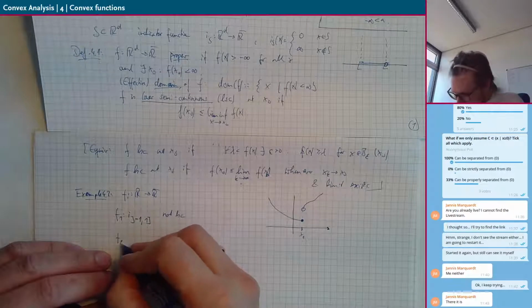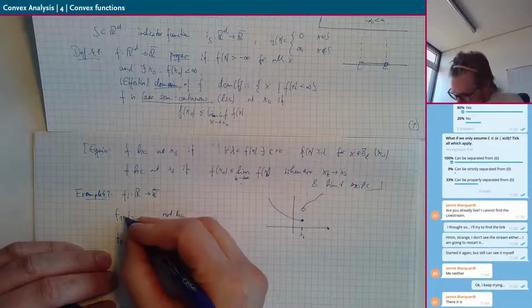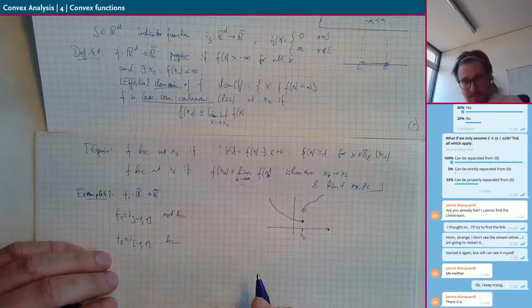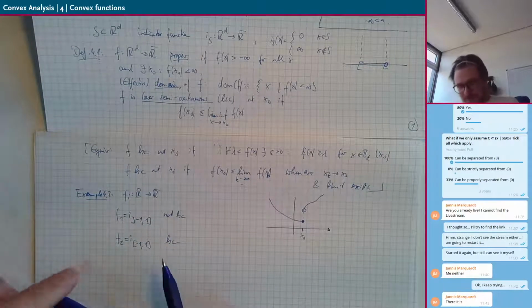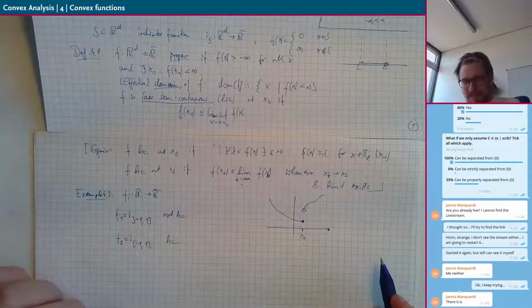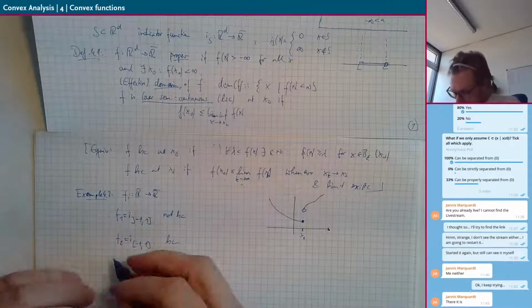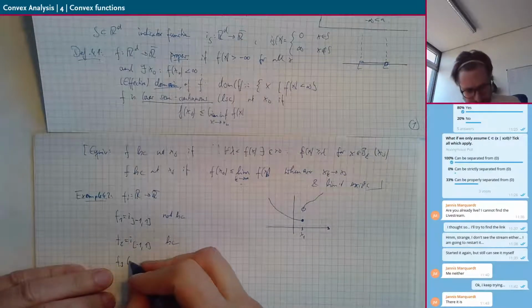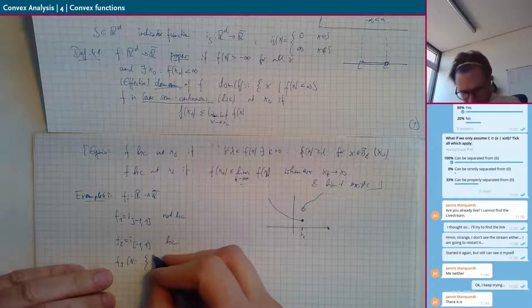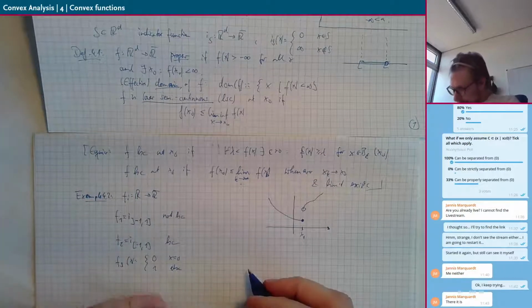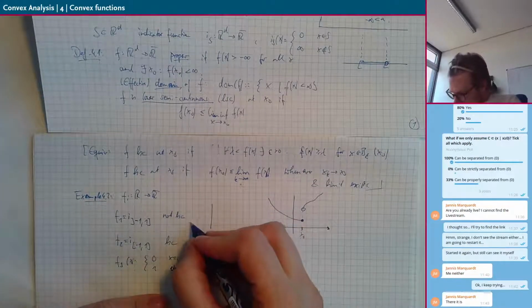However, if we take a closed interval here, this is LSC, so even if it's not continuous, it jumps up to plus infinity at the boundary, but the values are down. Another example would be f of x is equal to 0 if x is 0 and 1 else.